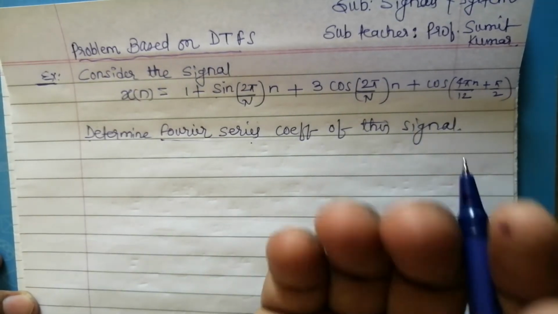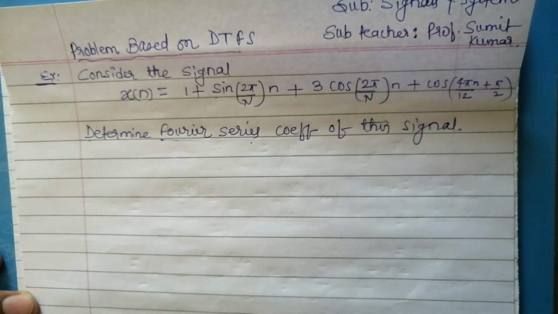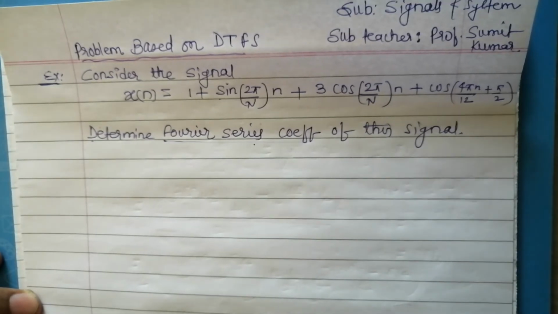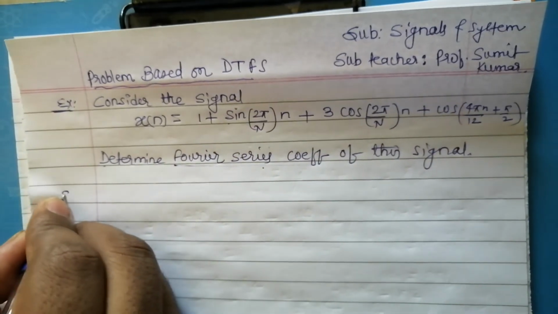Then we will compare with the standard formula of discrete time Fourier series, and from that comparison we will find the values of the different Fourier coefficients. Okay, so let's start with this.